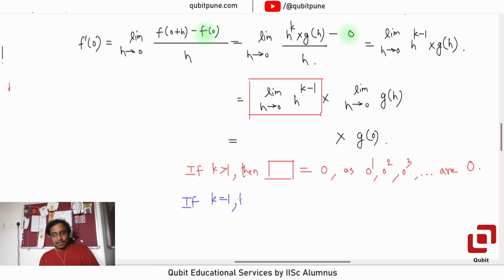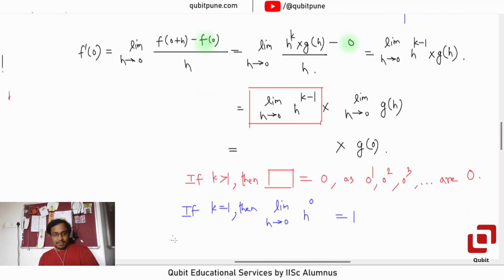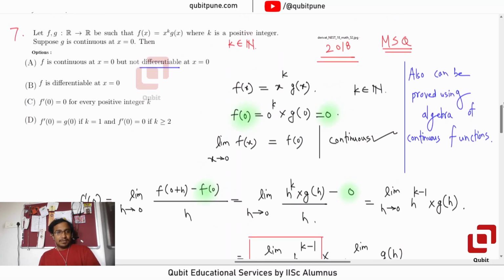Then we'll get h raised to 0, and h raised to 0 is 1, no matter how close you go to 0. So we get 1 into g of 0. So in either of the cases the derivative exists, and hence it is differentiable at x equal to 0. So option B is correct.